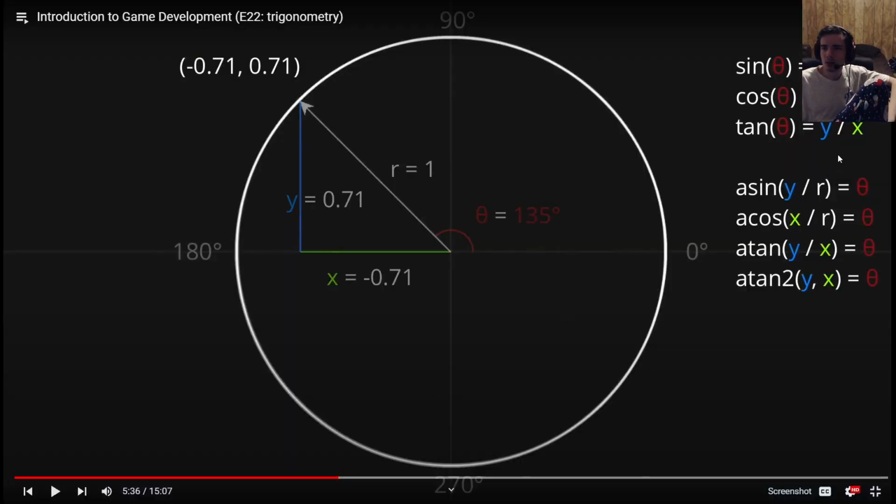Okay, so none of this changes. There's no x over y. I'm just completely tripping. Tangent of y over x.